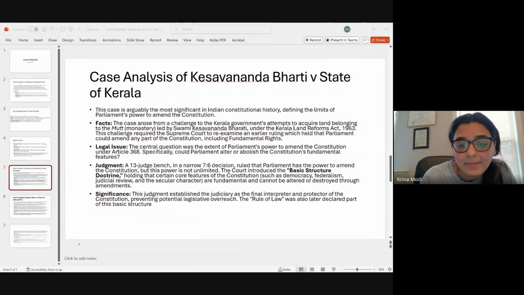This judgment established the judiciary as the final interpreter and protector of the Constitution, preventing potential legislative overreach. The rule of law was also later declared part of the basic structure.